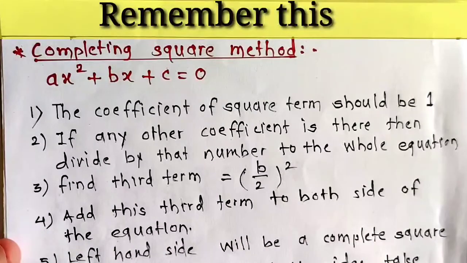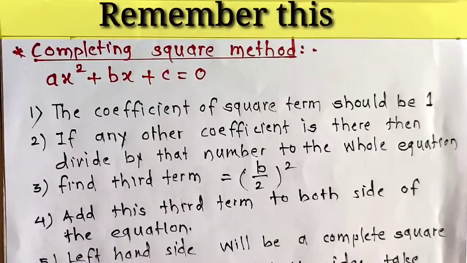So this is the first method, factorization method, for solving the quadratic equation. Practice set 2.3 that we are studying now is the completing the square method. This is the second method. And the third method, practice set 2.4, is the formula method, the quadratic formula. Using the quadratic formula we have to solve those sums.